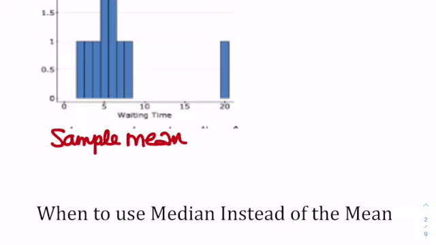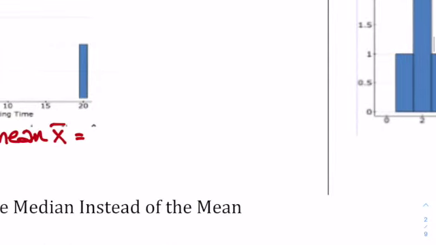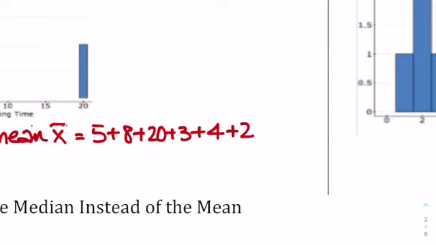And to use the notation, that's x bar, and that's equal to 5 plus 8 plus 20 plus 3 plus 4 plus 2 plus 5 plus 6 plus 7 plus 6.